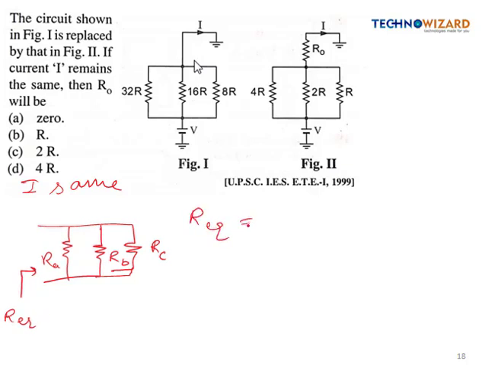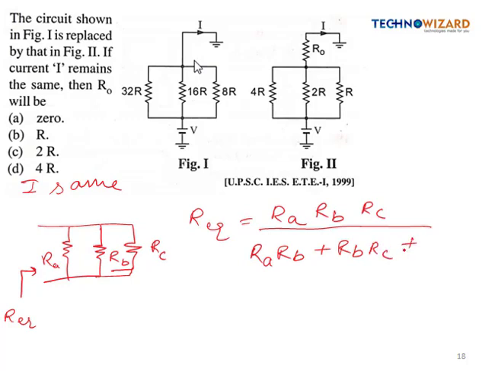R equivalent is given by RA RB RC divided by RA RB plus RB RC plus RC RA.